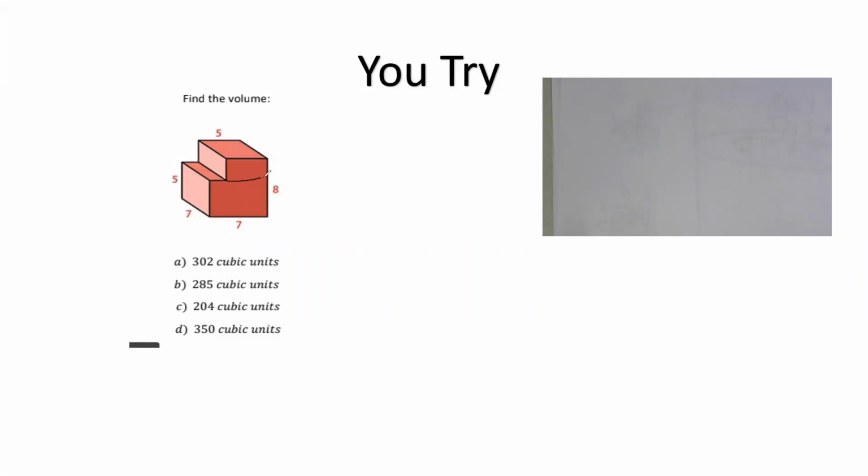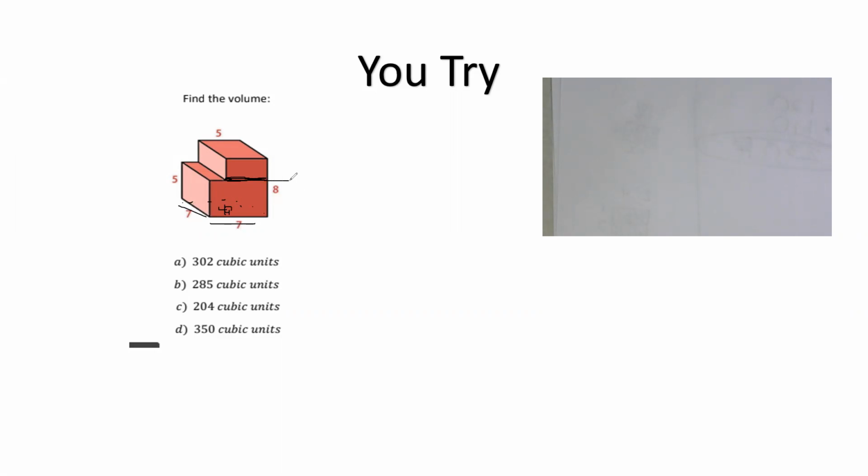I'm going to cut mine right here. Okay. This one's pretty easy. We know that the bottom is 7 by 7. So the bottom base is 49. And 49 goes up and down.